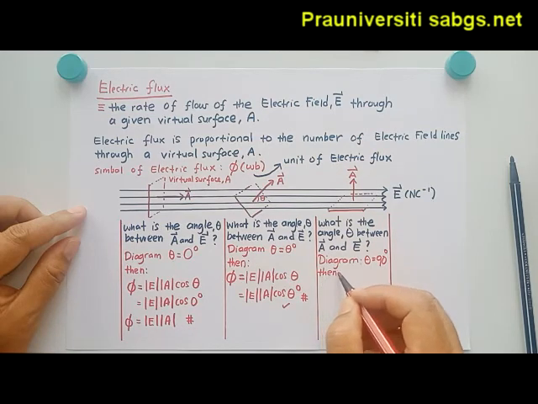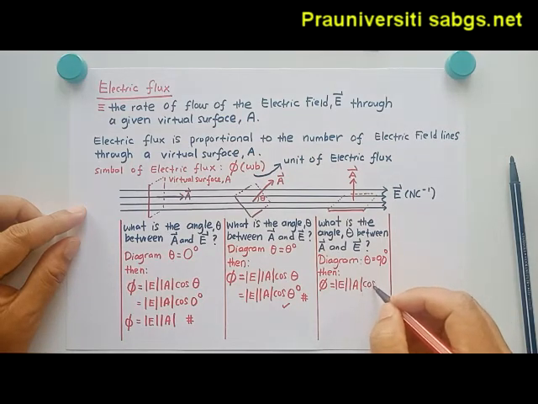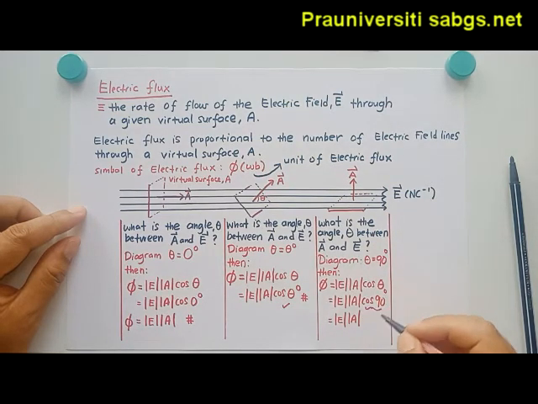Then we can calculate the electric flux. Psi is equal to the magnitude of E times the magnitude of A cos theta. Cos theta with 90 degree, cos 90 degree is 0, so therefore psi is equal to 0 Weber.